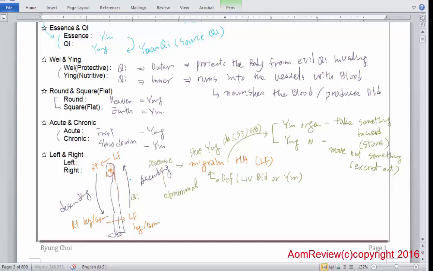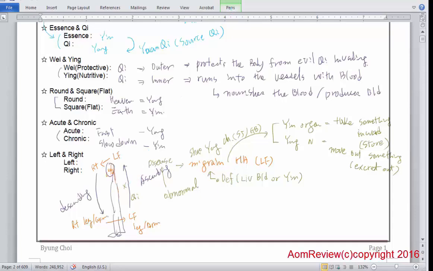So here qi rises up to the left side, and to the left side of the head first. But if it is not normal, then qi may not ascend to the left side, which means there is some condition failing to nourish the left side, which is caused by deficiency, right? So that's why those with a migraine headache on the left side are mostly related to a deficient condition, okay?